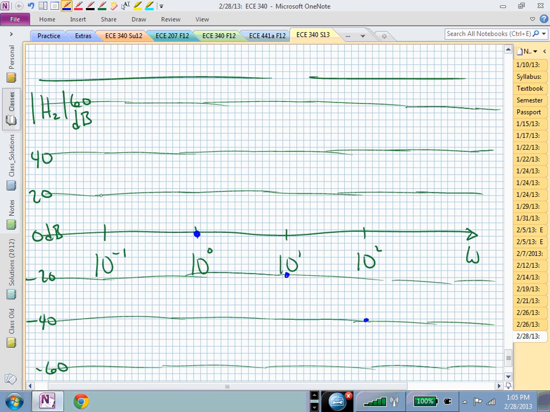Meaning now we would be right there. And our straight line would look something like this. This would be then n equal to -1, or 1 pole.